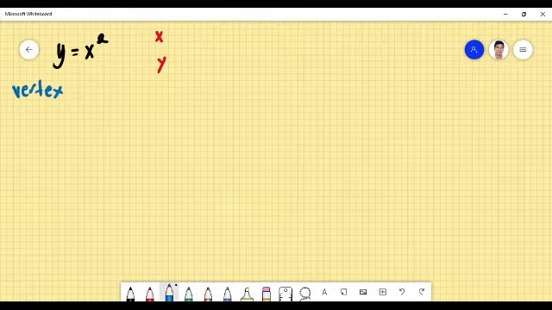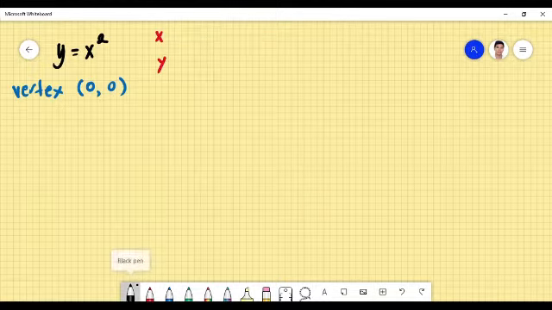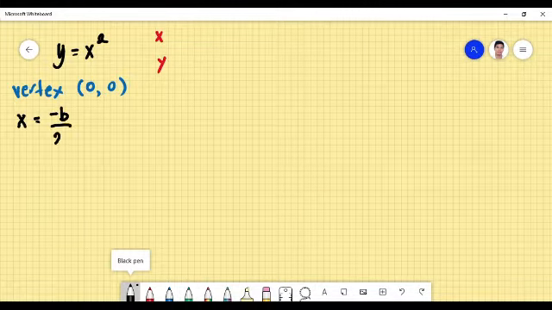Since this is the most basic quadratic function, the vertex is 0, 0, or it is located at the origin on the Cartesian coordinate plane. Pero applying lang doon sa ating concept of getting the vertex. To get the value of x of the vertex, all we have to do is to use the formula negative b over 2a.